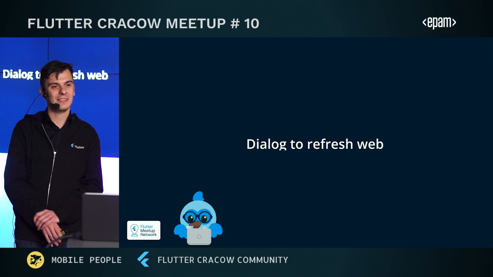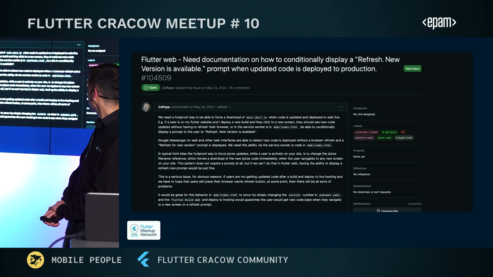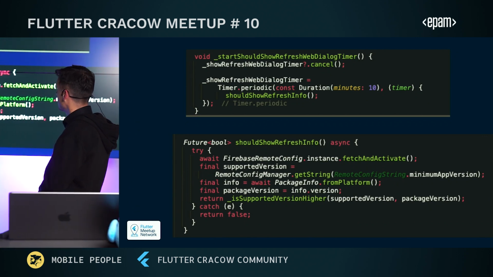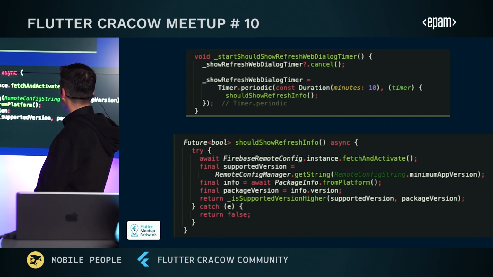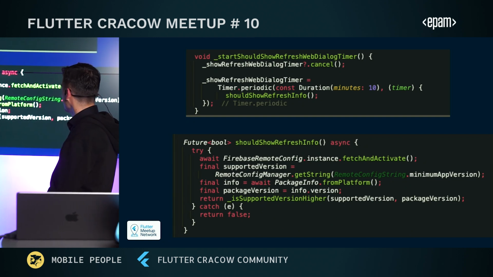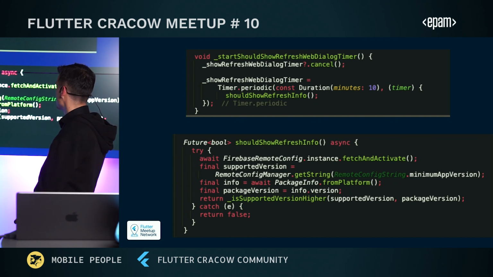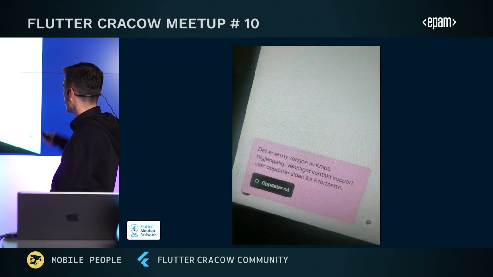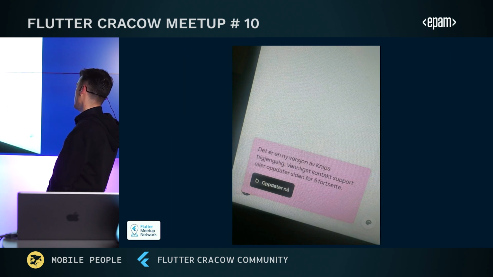So for that scenario, we are using a very simple thing. We have a timer, and every 10 minutes we are asking the Firebase remote config if this is the latest version, and if not, we are displaying this kind of pop-up.